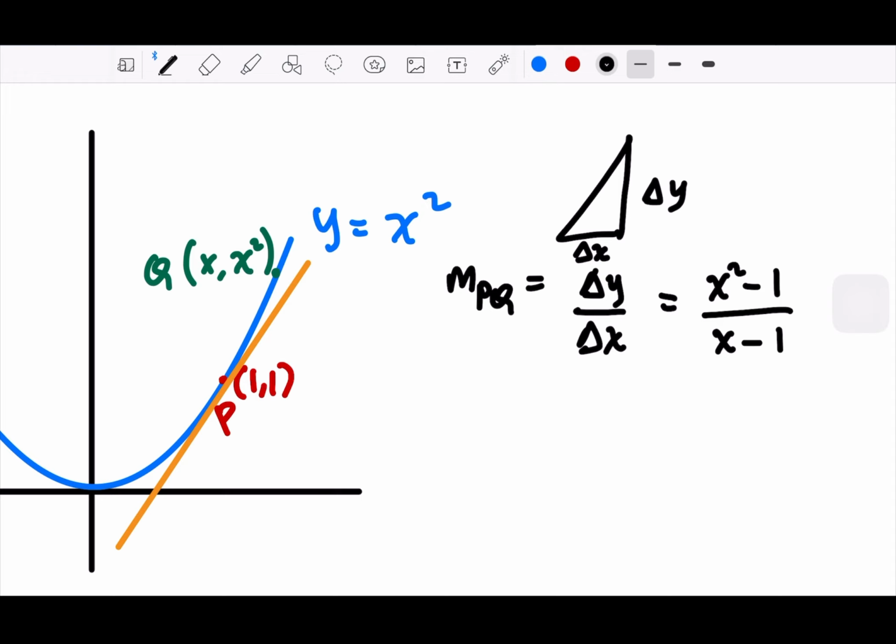But of course, if we use the exact same point, 1, 1, we will not get any conclusion. So it's like finding the best way to approach the point P, so that we are able to find the slope here, or the tangent.